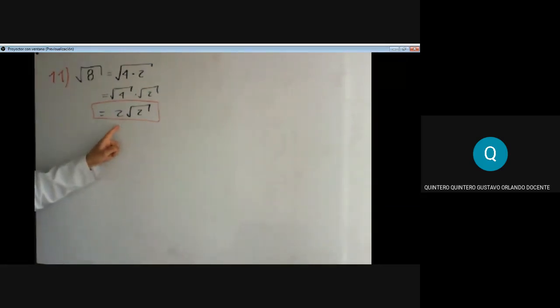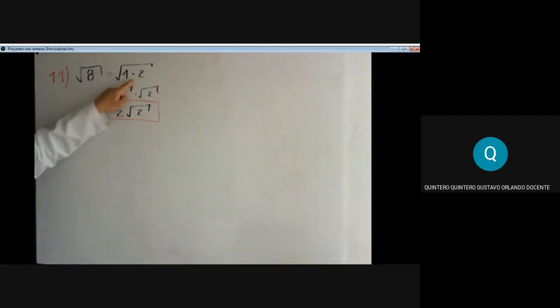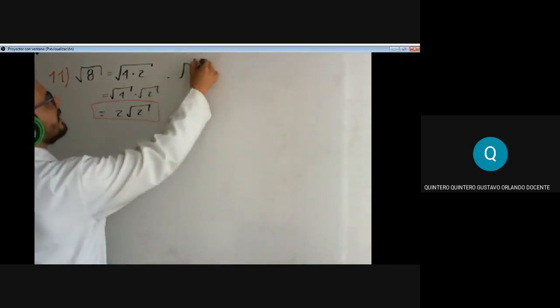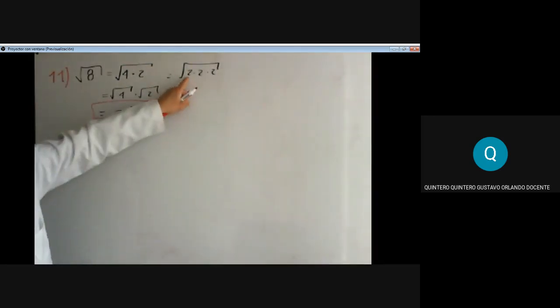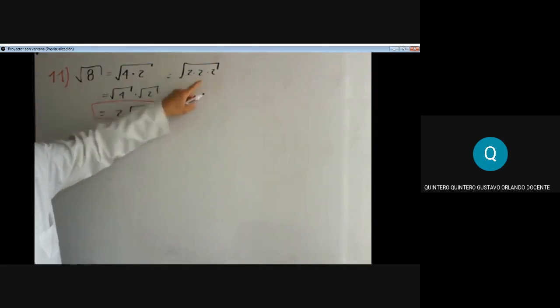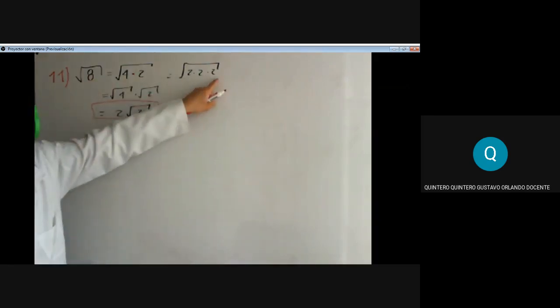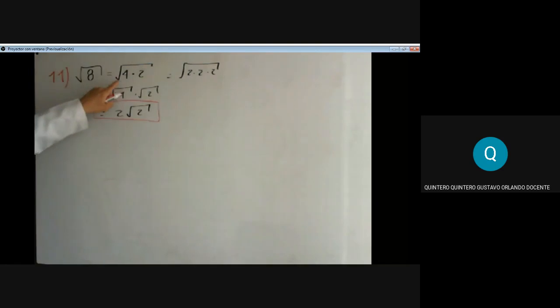And again, why did I know to do this separation, 4 by 2? Why didn't I separate it like this, 2 by 2 by 2? 2 by 2 is 4, by 2 is 8. Why did I have to separate it by 4 and 2? Simple.